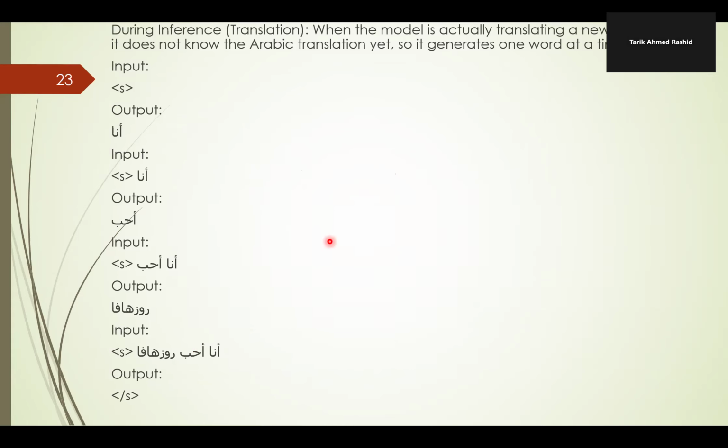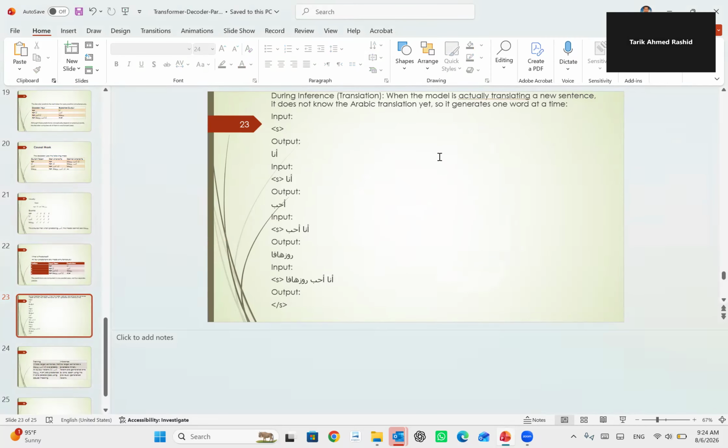Now, there is also one important explanation about inference. During testing, when the model is actually translating a new sentence, it does not know the Arabic translation yet, so it generates one token at a time.